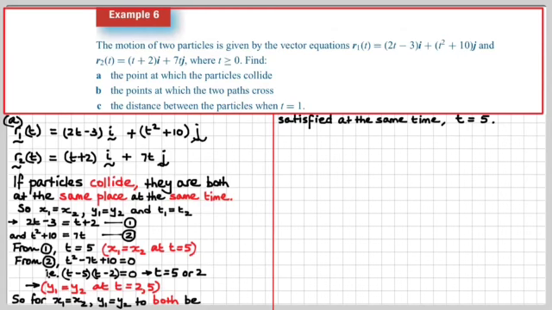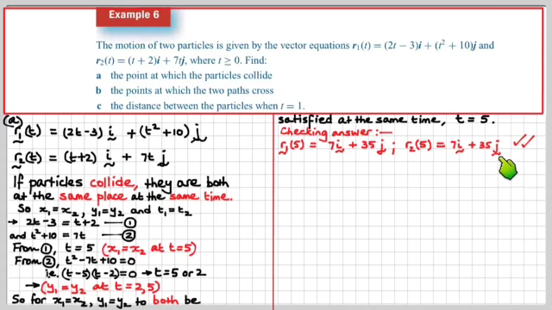So t equals 5 is the time at which those two paths coincide in their x and y coordinates. Now we're going to check the answer, see if we're right. If you plug t equals 5 into R1, you'll get 7i plus 35j, and if you plug it into R2, we've got it.